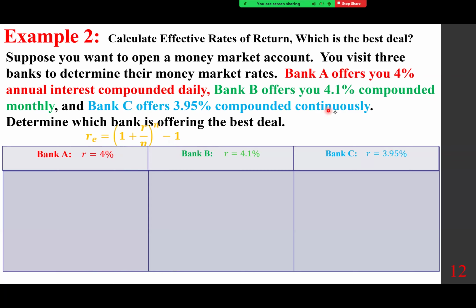This one does it continuously. R effective is e to the power of R minus 1. This one does it daily, so n is 365, n is 12 here. So we just want to make sure that we establish what's going on. Okay, everybody? So basically, we are going to plug in.